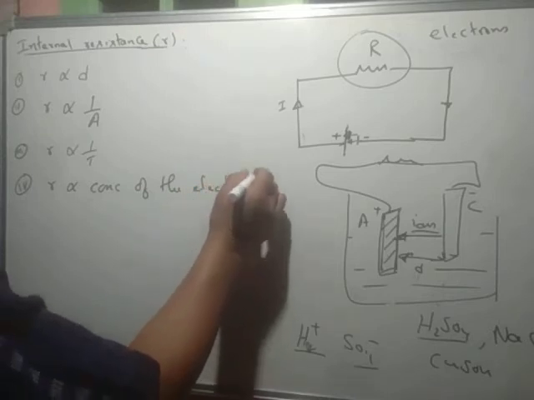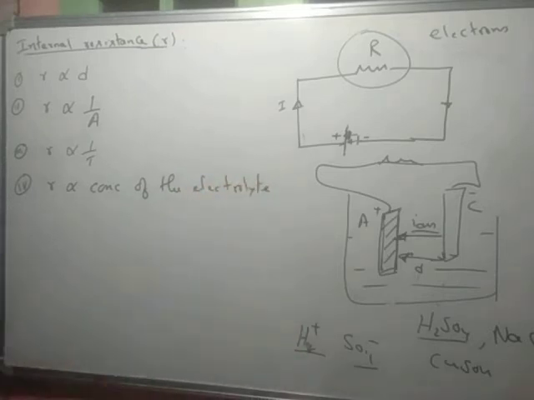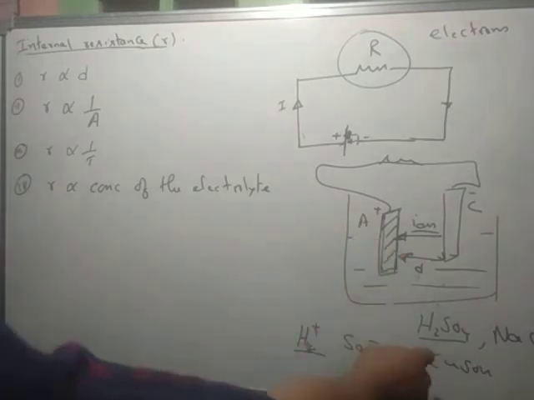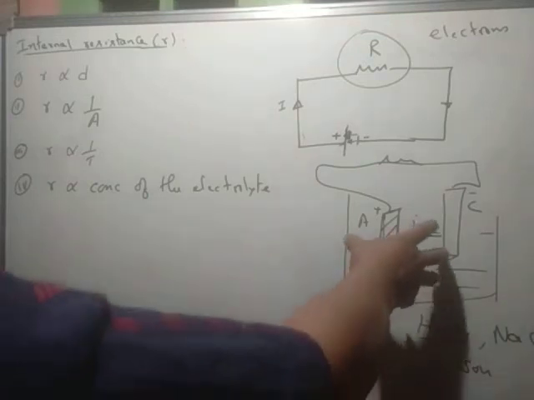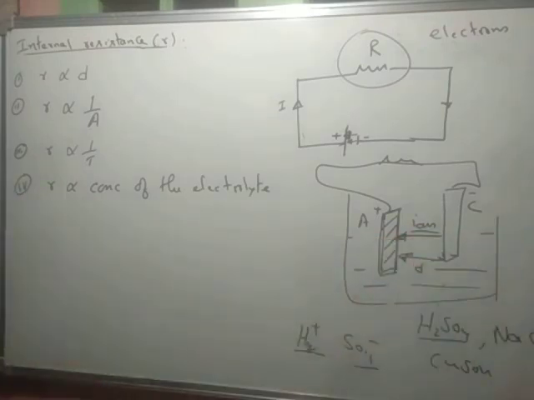When I say concentration of electrolytes, it means, for example, H2SO4. If you have more positive and negative ions, then the internal resistance of a cell will increase. But if you have fewer ions, the internal resistance of a cell will decrease.